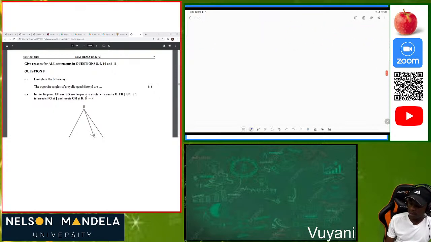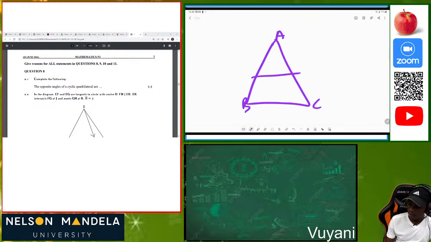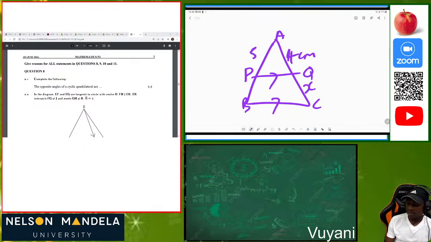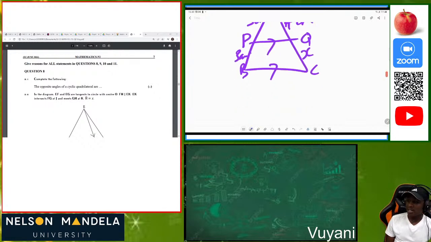So this is the triangle ABC with line PQ, which is told to be parallel to BC. Let me put my X here, 4 centimeters here, 5 centimeters here, and 3 centimeters here. Now they say determine the value of X.